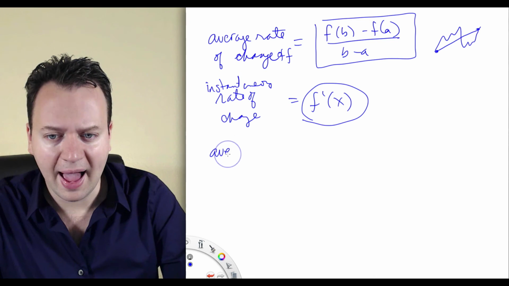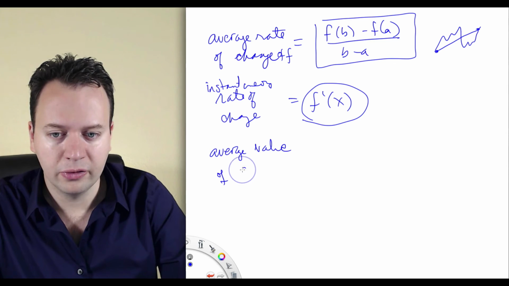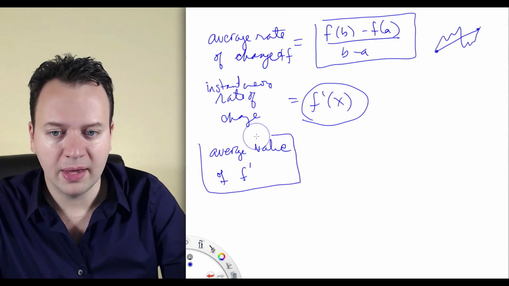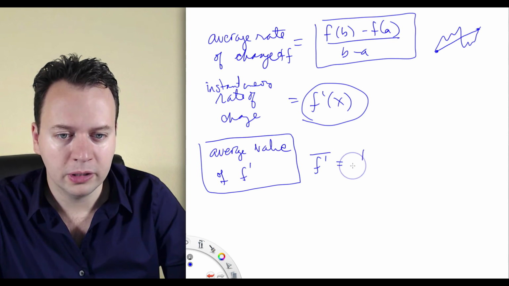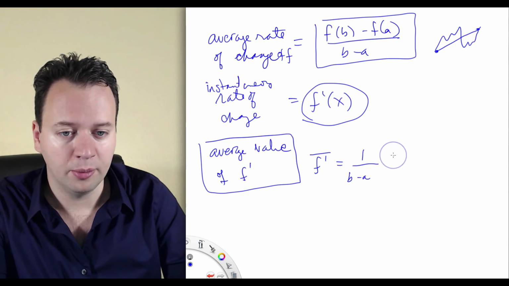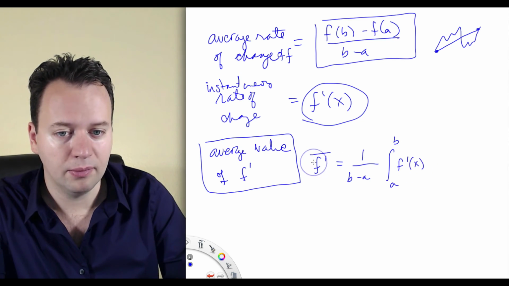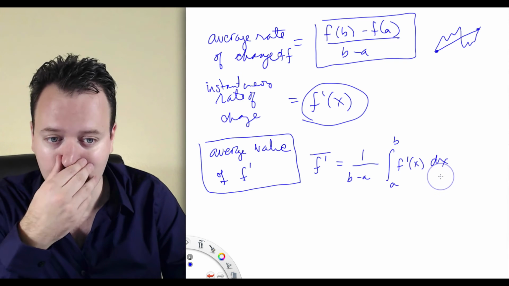So let's look at the average value of the function f prime. We'll call that f prime bar, and of course this is on the interval from a to b. According to the formula, it's 1 over b minus a, integral a to b, and then I integrate my function, which this time is f prime of x dx.